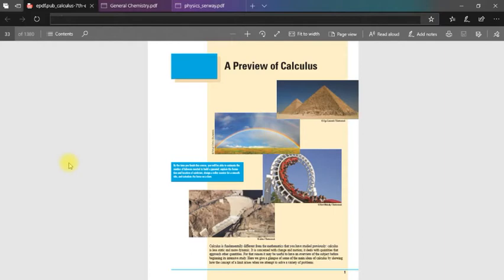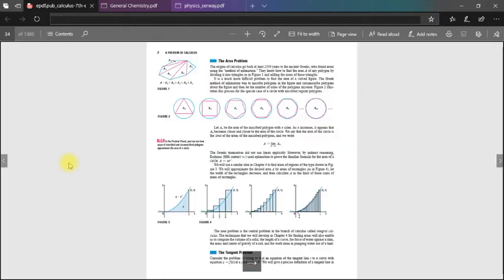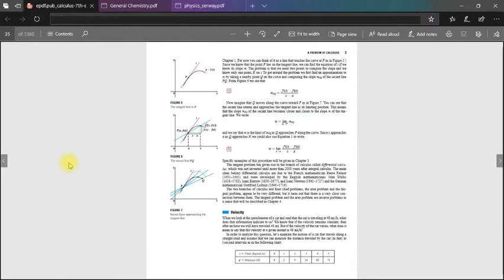"To the Student" is usually something that would actually advise you to even go to your professor or your teacher, whoever is teaching you, your instructor, to go and ask and to search and so on. A preview of calculus here is giving you what is expected from you to understand. It's basically showing you the big picture of what calculus is, and it's doing it in a fun way.